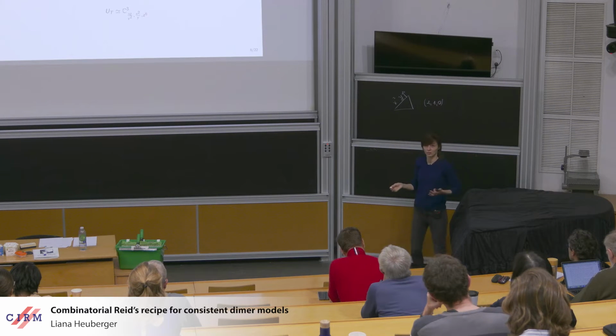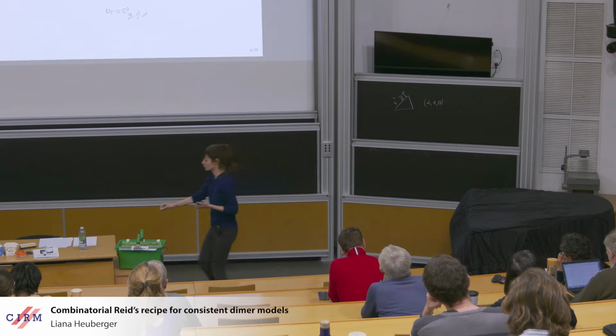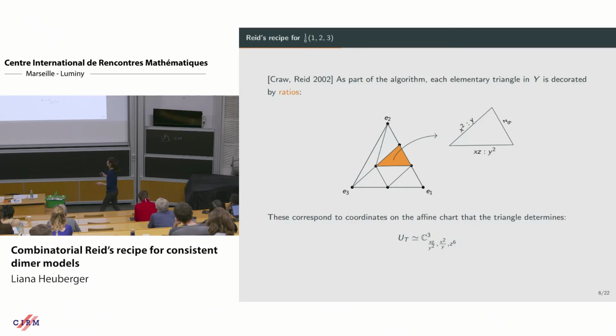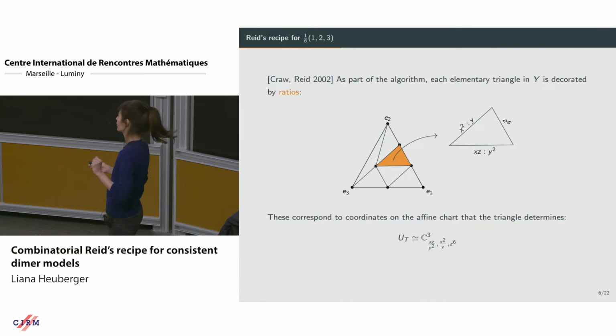So it's very straightforward how to put these ratios on everyone, once you have a convention whether they point inward or outward from the plane. These ratios are important because they give you local coordinates on this triangle, which is always an affine patch, and they tell you how to move from one affine patch to the other, so how to move between triangles. They will come up a bit later.